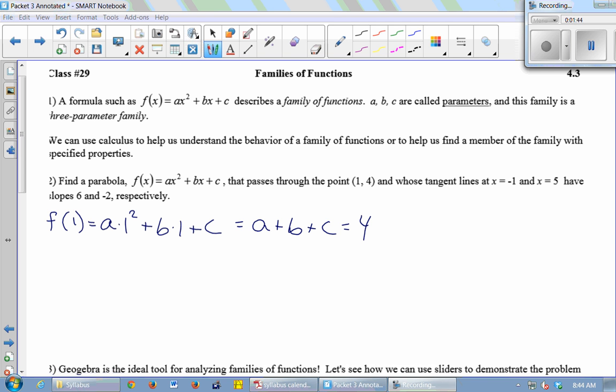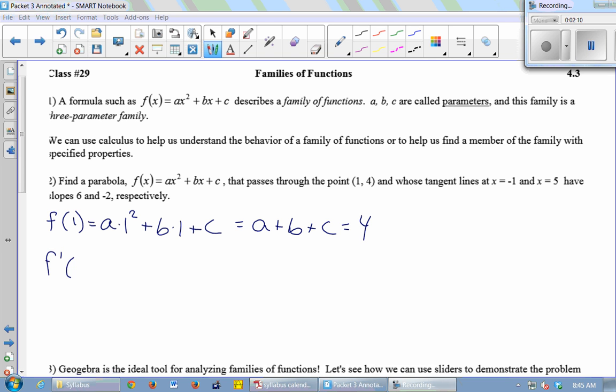And then if you know the slope of the tangent line at a given point, what mathematical thing represents the slope of the tangent line? The derivative. So I know that the derivative when x equals -1 should be what? 6, yeah. So I'm going to take the derivative, plug in -1, and that should equal 6.